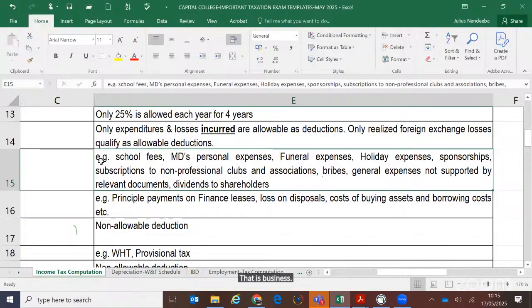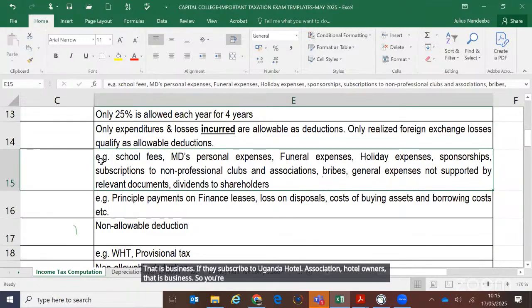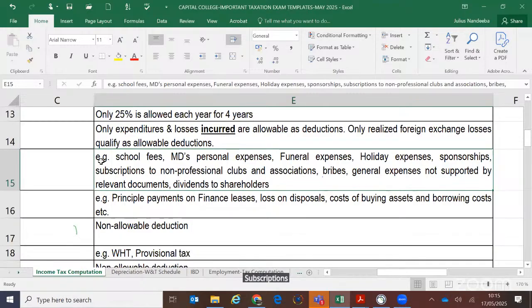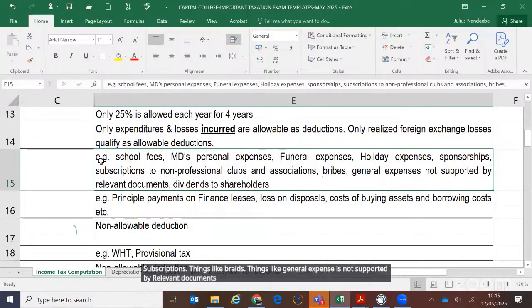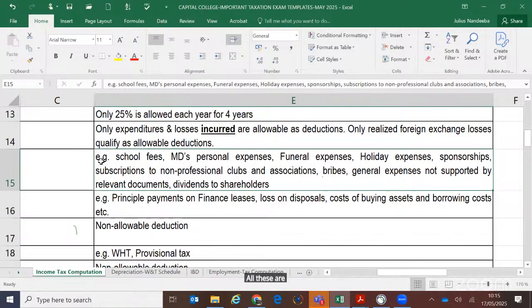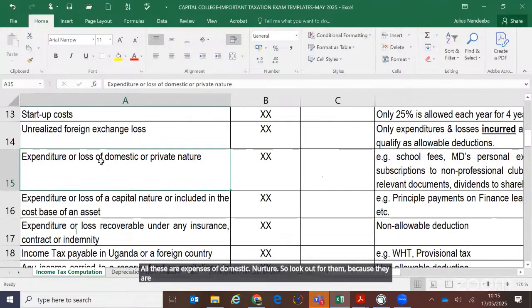If they subscribe to Uganda Hotel Owners Association, that is business. So you're looking for non-business or non-professional subscriptions. Things like bribes, things like general expenses not supported by relevant documents, things like dividends to shareholders. All these are expenses of domestic nature. So look out for them because they are very common and the examiner is going to put them in.